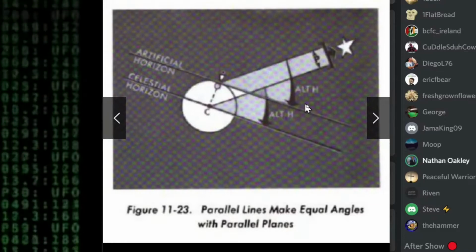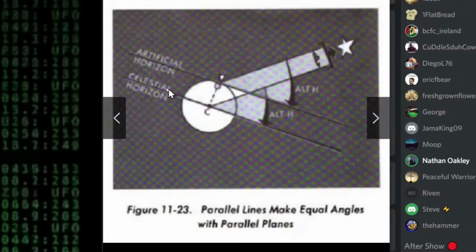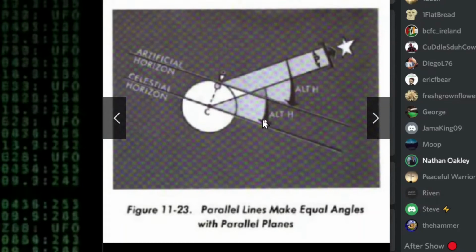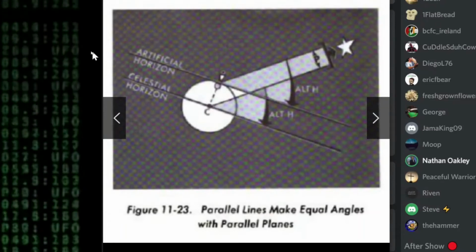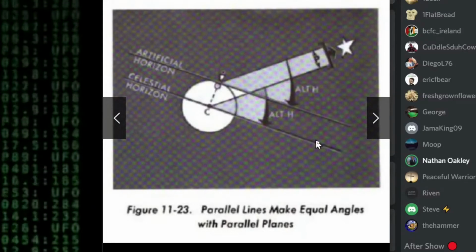And it's going to match the celestial horizon in their celestial sphere model, where the Earth's equator keeps extending outwards until it hits the celestial horizon, and then it keeps extending until it hits the celestial sphere at an infinite distance. You have a plane.